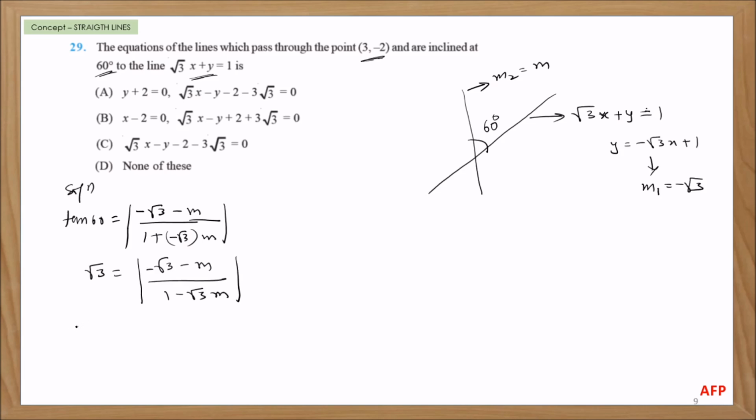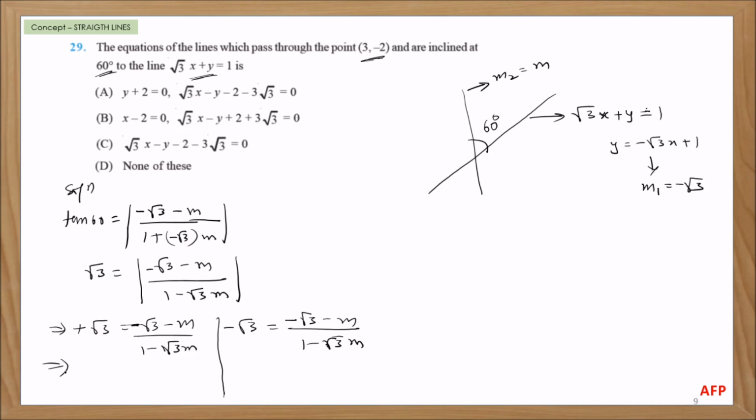So take it to the other side, plus or minus root 3. One time you can take it plus, one time you can take it minus. This implies plus root 3 is equal to (m plus root 3) divided by (1 minus root 3 m). This is one part. Next one, minus root 3, you can write it as minus root 3 equals (m plus root 3) divided by (1 minus root 3 m).